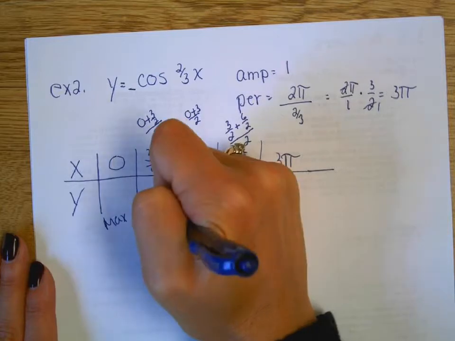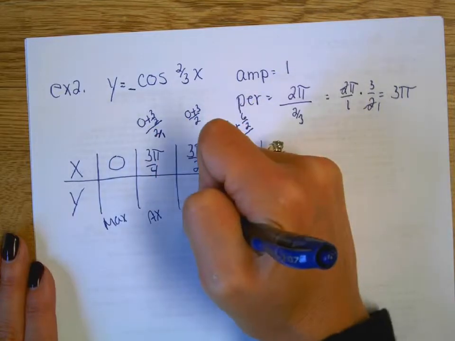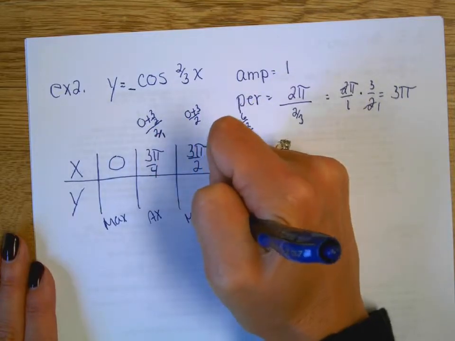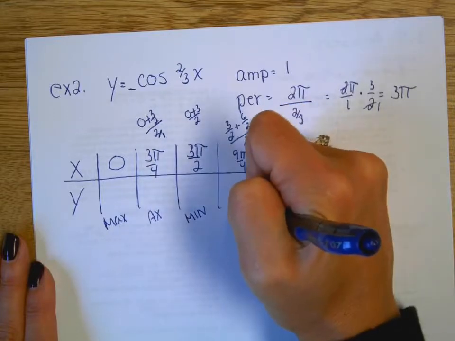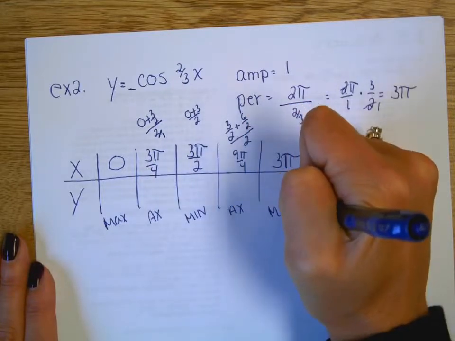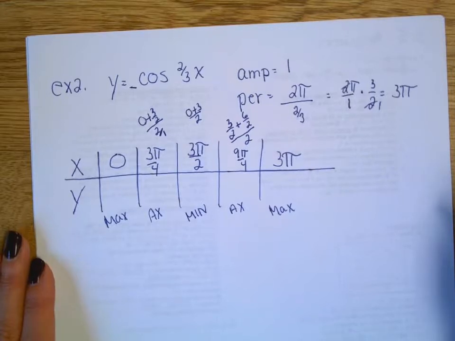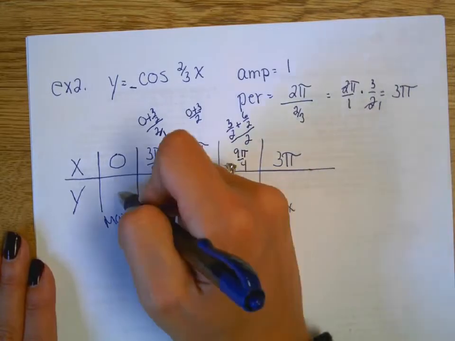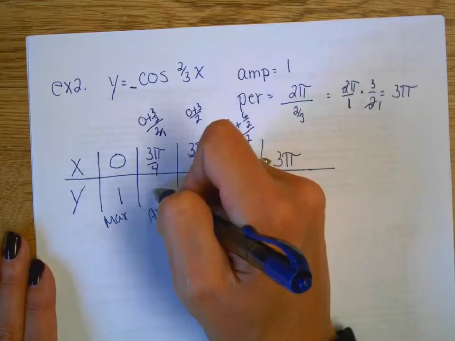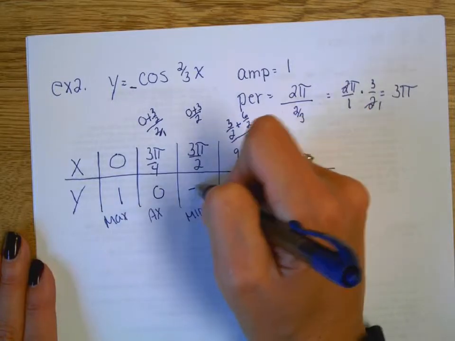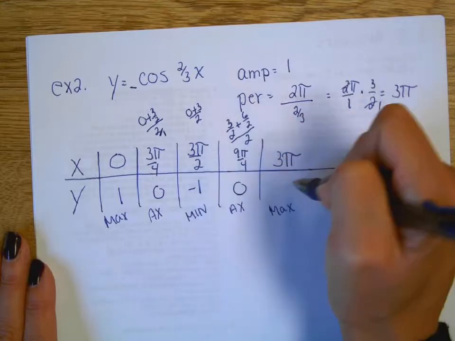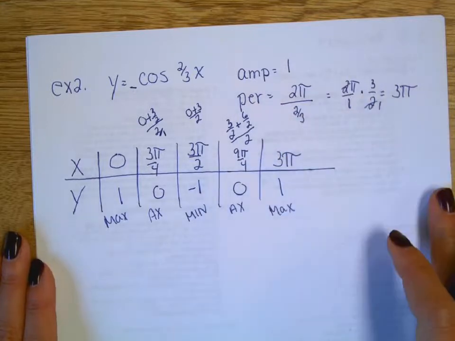Then what? Axis. Min. Axis. Max. I want to commit those to memory. So where's my max at? 1. Axis is 0. Negative 1. 0. 1.